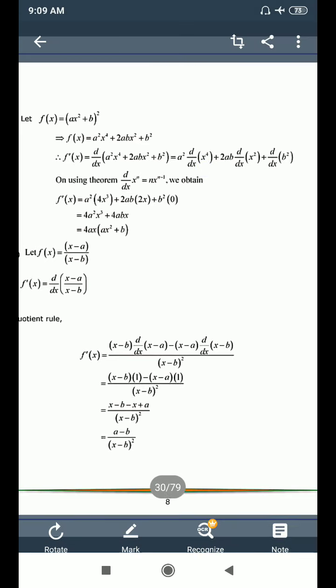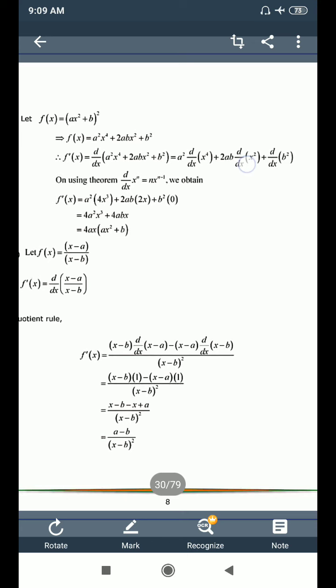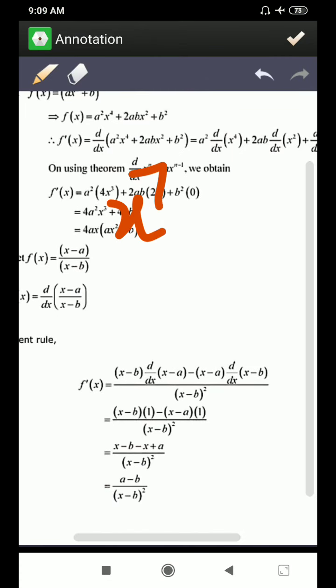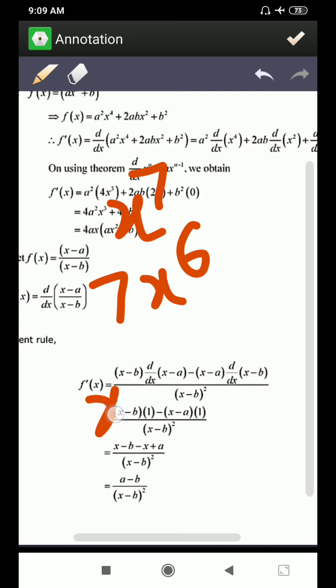In this, d over dx of x square, using x raised to power n, will be 2 into x raised to power 2 minus 1, that is 2x only. While calculating derivative directly, you can use the formula. It's very simple. Suppose you want to find the derivative of x^7. You take this 7 outside and its power will become 6. Suppose you want the derivative of x^8.